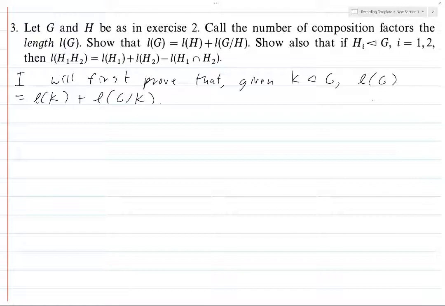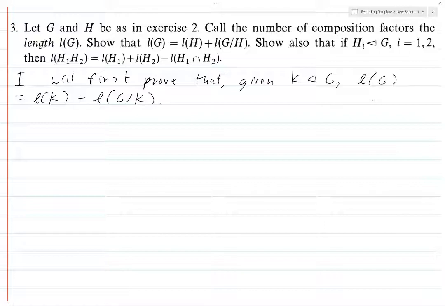a composition series for G, you could think of it as equivalent to a composition series which has K in it, and then from there you have that series going from 0 up to K, and that itself is a composition series.